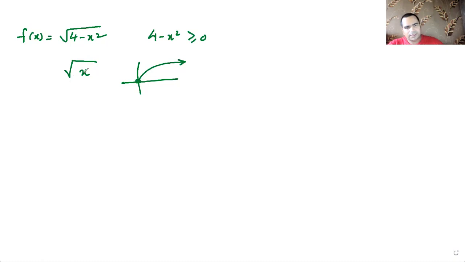So the limiting condition is that if you have any function inside the square root, it must be positive or 0. So here, I get 4 minus x squared is greater than or equal to 0. Now, before I do this problem, I would do an easier one. Let's say I have to do square root of 3 minus 2x.